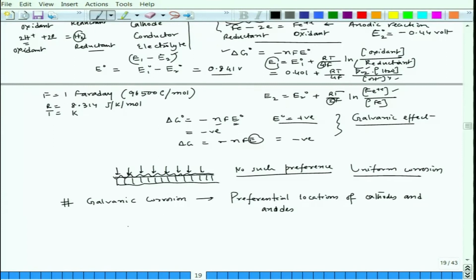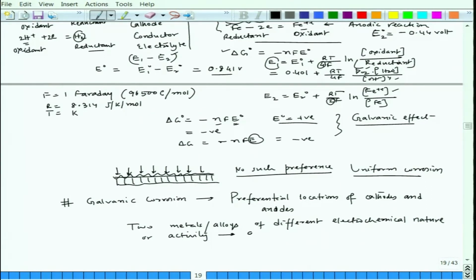They say that galvanic effect comes when two metals or alloys of different electrochemical nature or activity lead to galvanic corrosion.